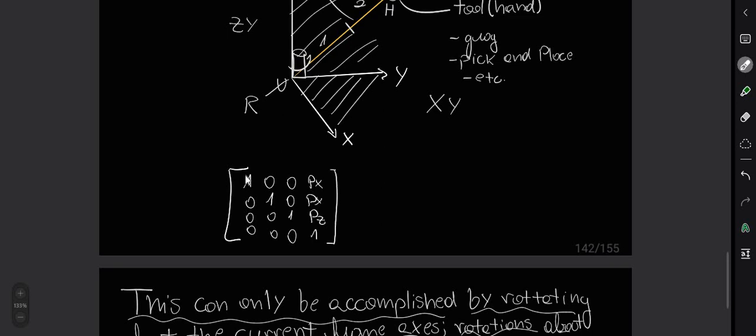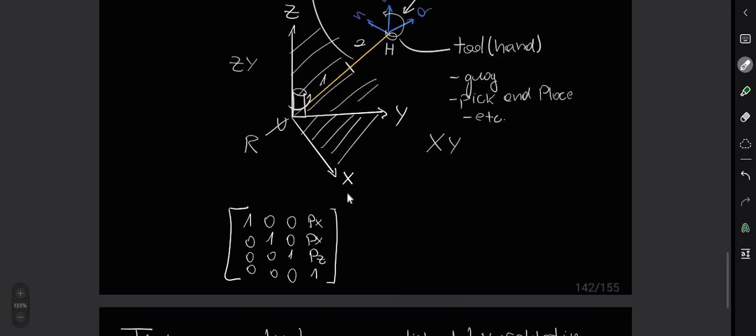Okay, see, we can easily represent a robot in 3D space, on a system in which it is localized, with matrices.